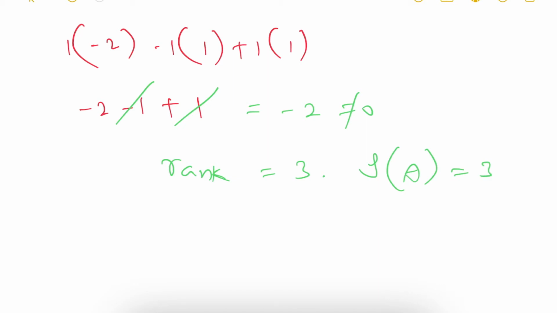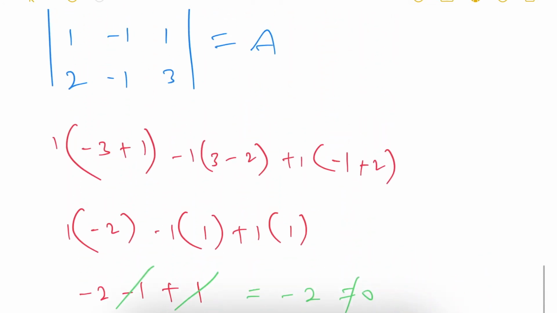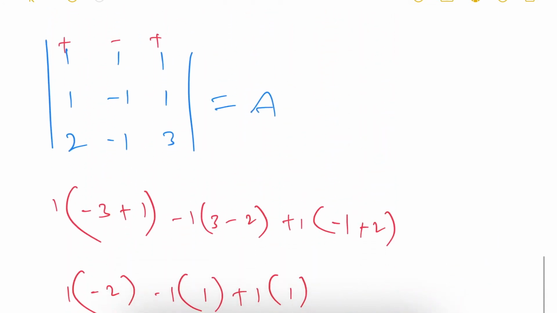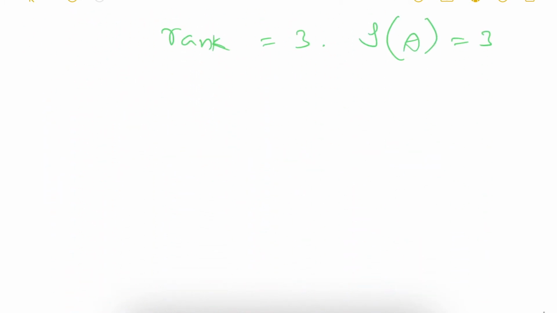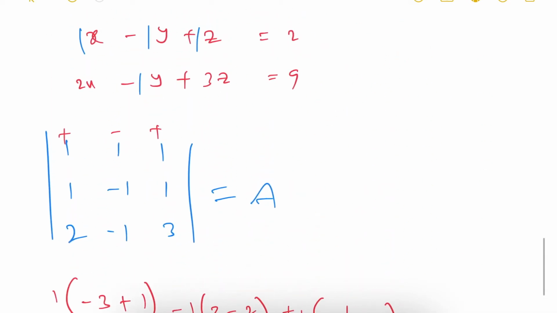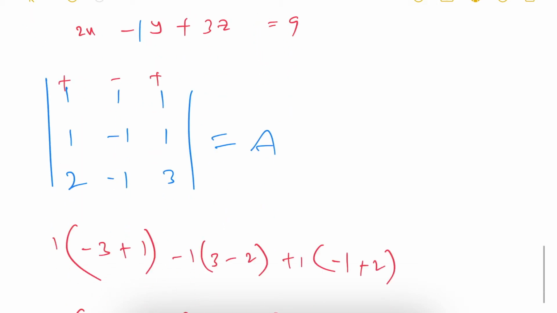The same way, now let us write the augmented matrix. So augmented matrix, what we have here, 1 1 1 6. Next 1 minus 1 1 2.